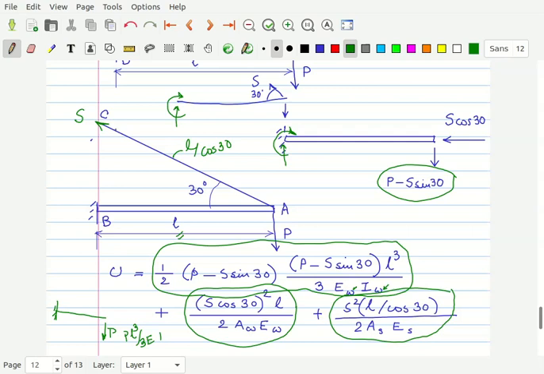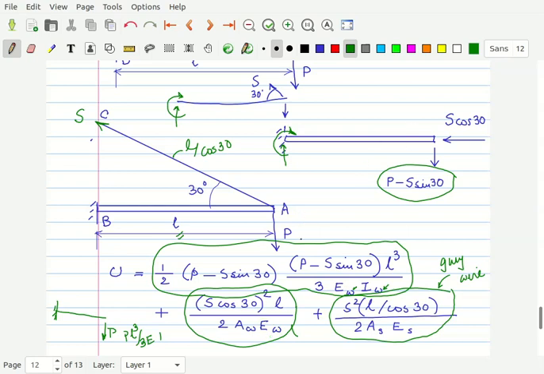So the strain energy stored in the guy wire is S square L, where L is L by cos theta, by twice A steel E steel. So this is the tensile strain energy in the guy wire, and this is the compressive strain energy, (S cos theta) whole square L by twice A_W E_W, W for wood, cross sectional area of wood and modulus of elasticity of wood.